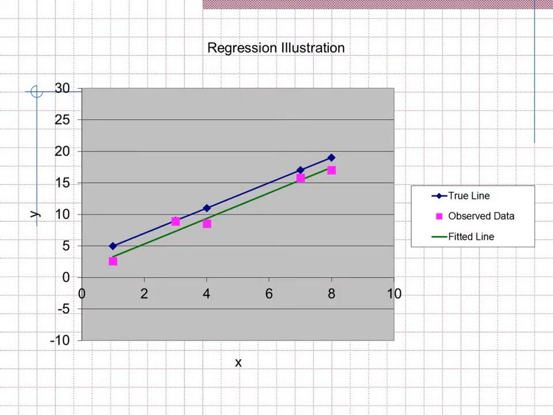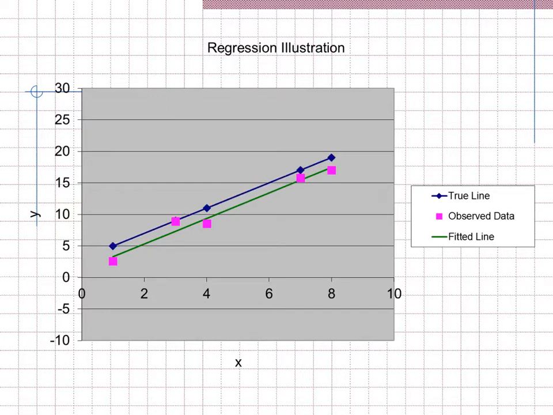Now in these next few slides, I want to give you sort of an intuition about how the residuals introduce randomness into our estimates for the slope and intercept that we get from our OLS formulas. So in this plot, first let's look at the blue line, and there it is.